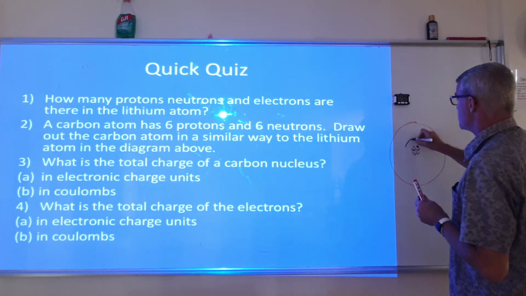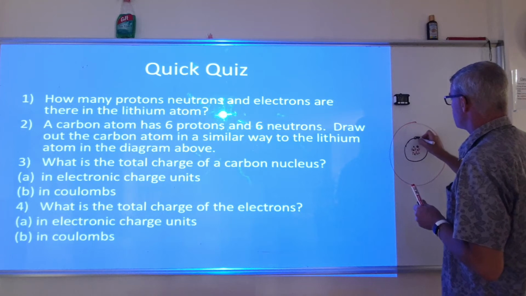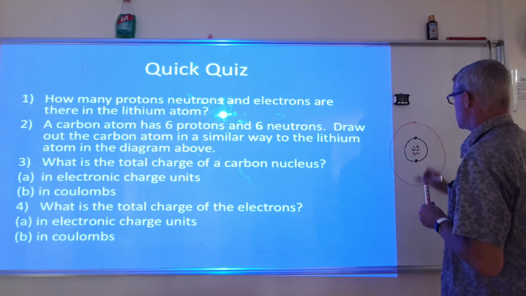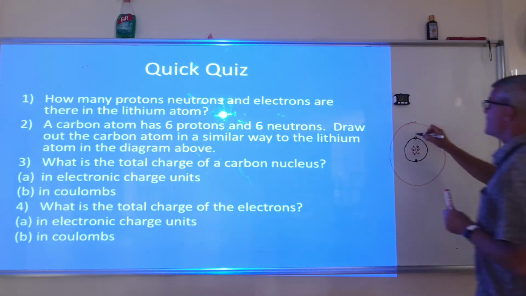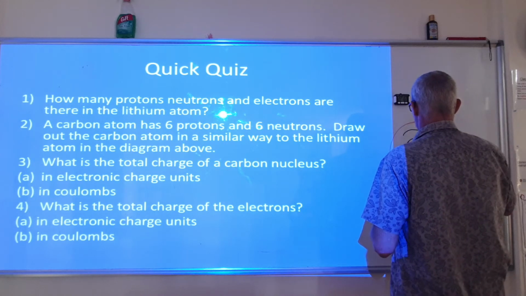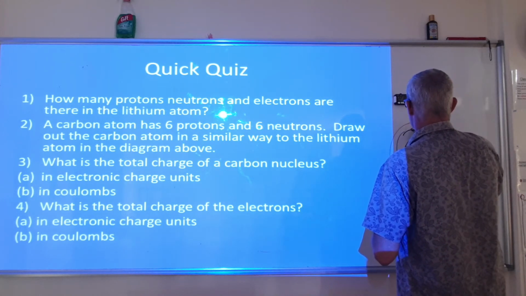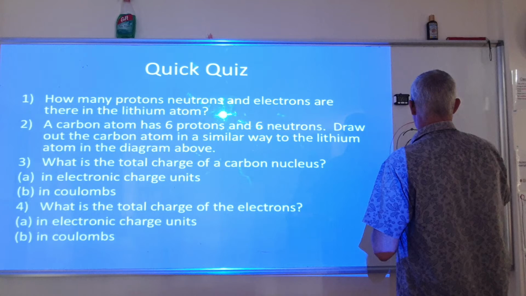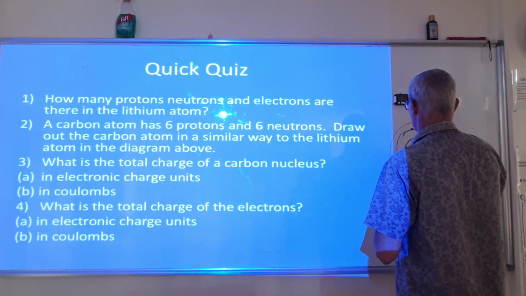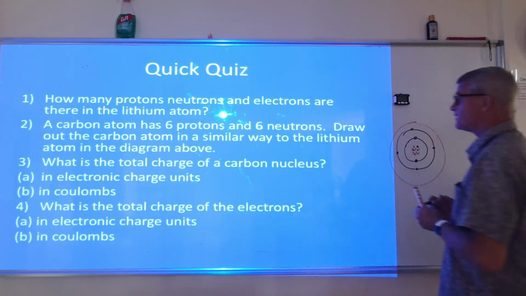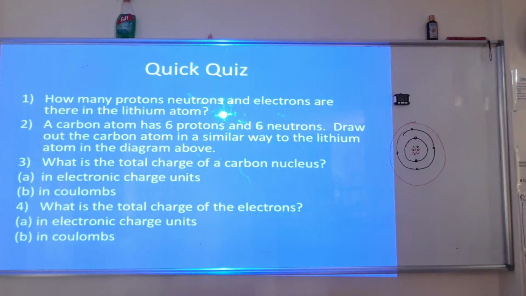For the chemistry guys, we know that we have the first 2 electrons in the first shell, and then the other 4 electrons in the second shell, so we have 6 electrons in the first shell and second shell.